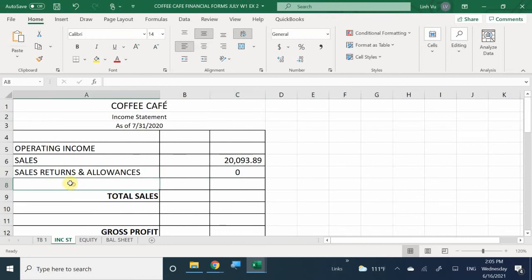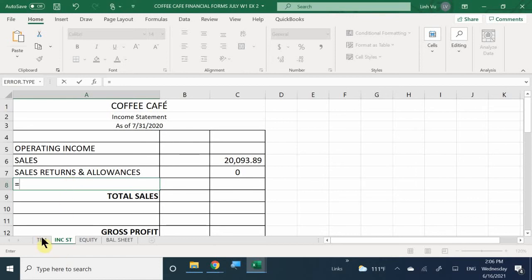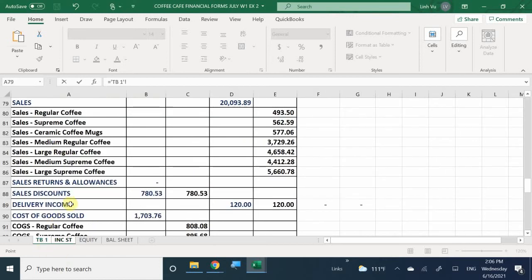What else counters against my sales? Sales returns. We got sales returns already. Sales discount. Sales discount, correct. So in this case, do I have any sales discounts? For $780.53.